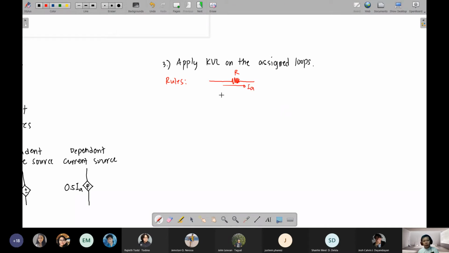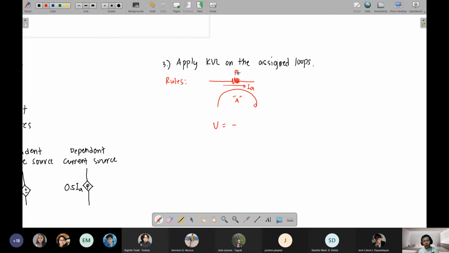And on the assigned loop, for example, this is my loop, let's say loop A. Now, if the loop and the current direction are the same, then the voltage on this resistance is negative. How do we determine the voltage of the resistor?